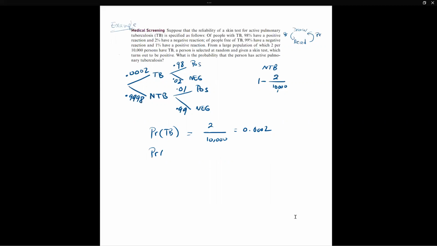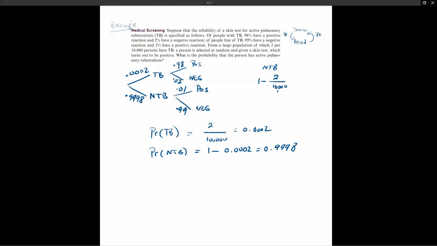For not having TB is the other remaining. So for each of these possibilities, there are the possible test results, and of course they are conditional probabilities, and they are given to us. Multiplying the probabilities along each of the paths through the tree will give the probabilities for each outcome, right?